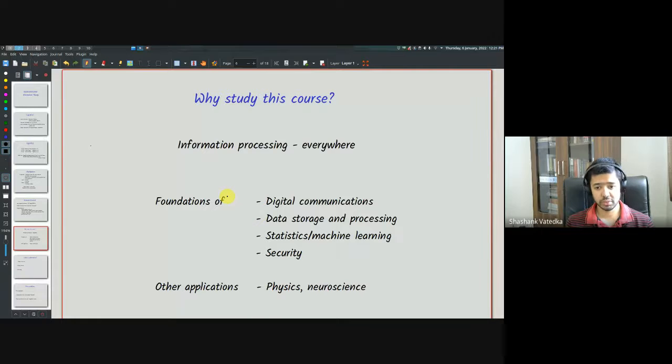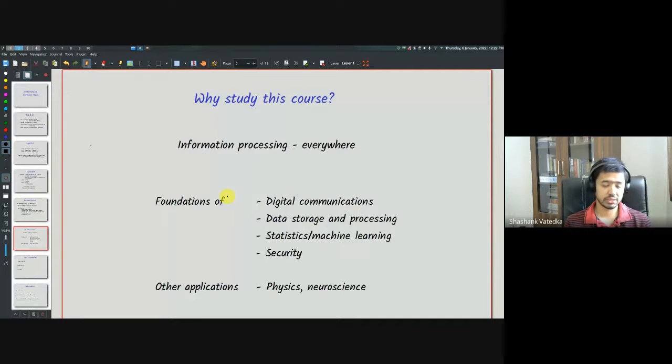Concepts of information theory are used a lot in statistics and machine learning. If you've done any sort of machine learning course before, then one very common loss function which is used is the Jensen-Shannon divergence, which is a very basic information theoretic quantity. In fact, it's derived from another information theoretic quantity called the KL divergence, which we will study a lot in this course.